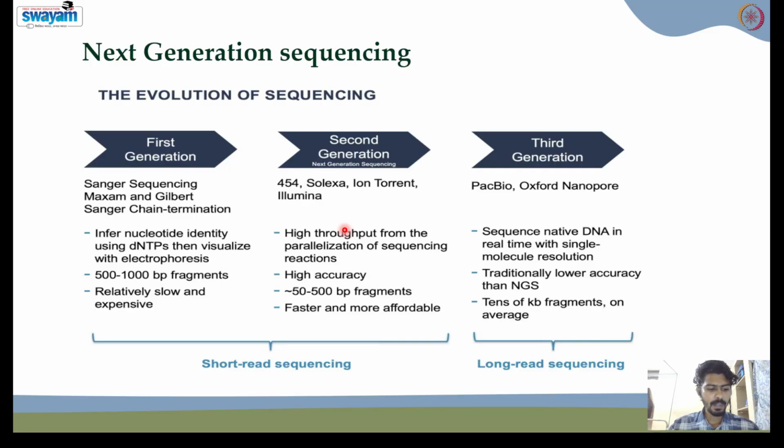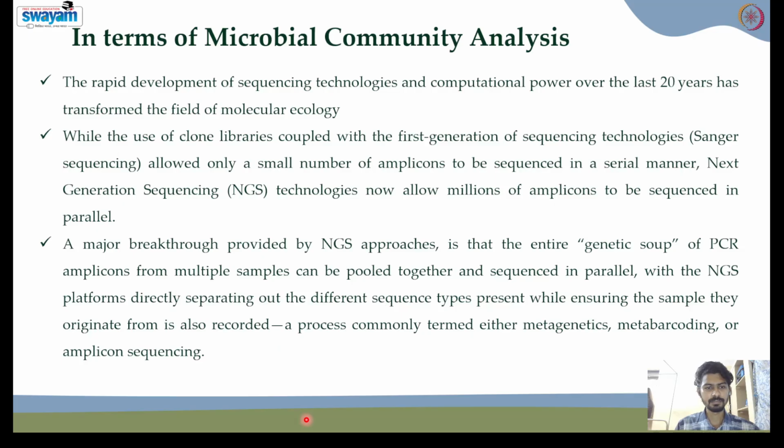So it can sequence a high amount of DNA, a long read sequence, cost effectively. This is how sequencing evolved over time. Now second and third generations are more famous. If you are focusing on short read sequencing, you can go for second generation, and if your read is long, you can go for third generation sequencing. These are all the evolution of sequencing.